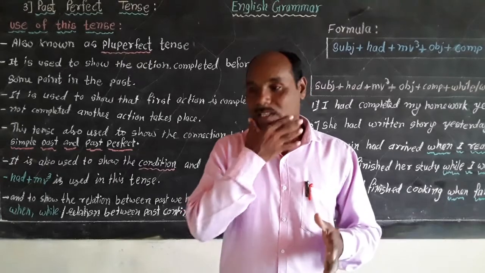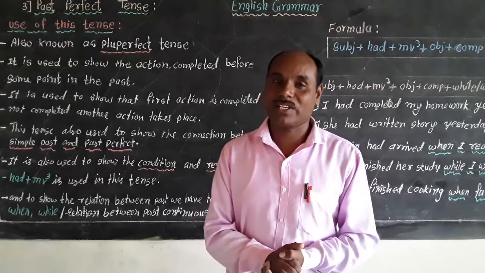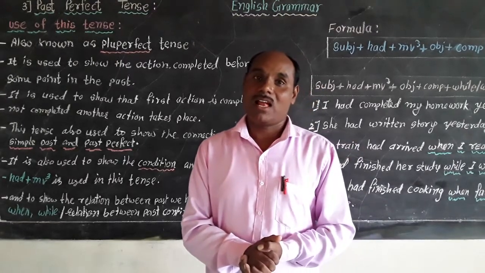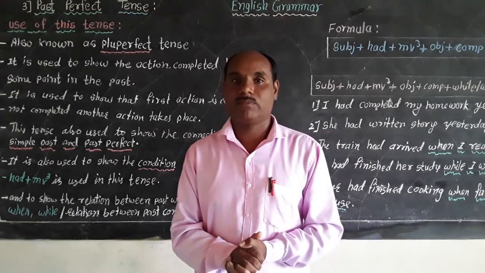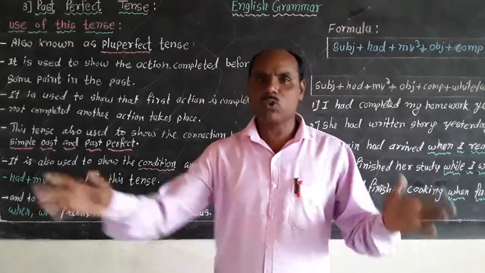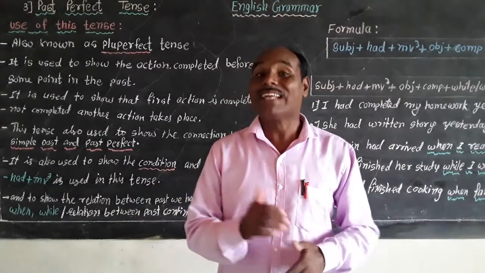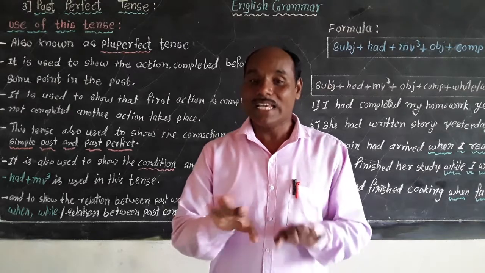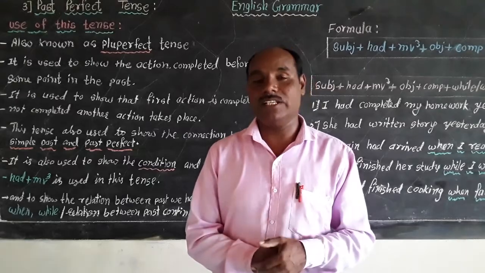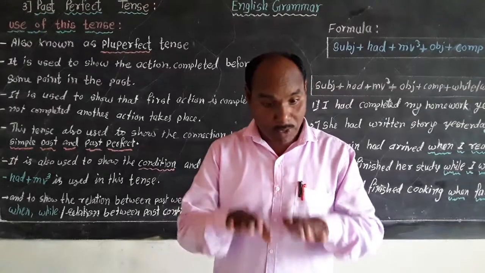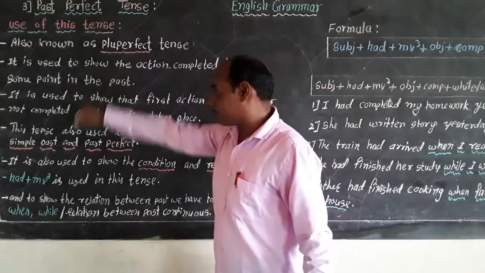I had slept, and the result was that I lost my study. I had slept means झोपलो. This was the condition that he was sleeping, but the result was he lost his studies. For this purpose we have to use the past perfect tense.